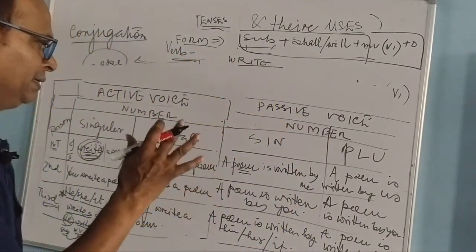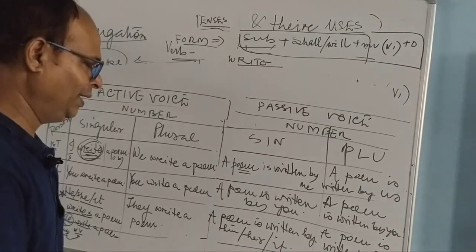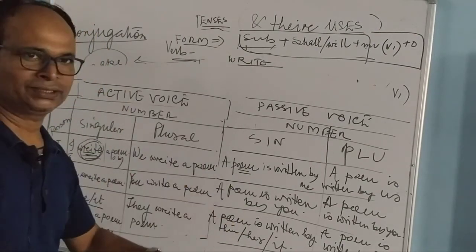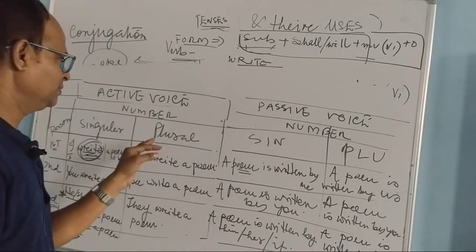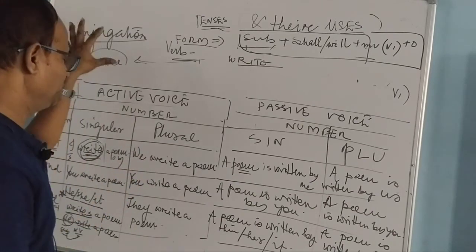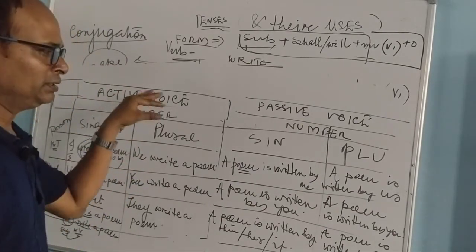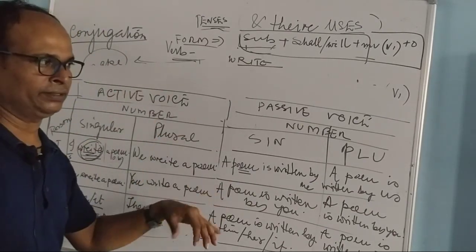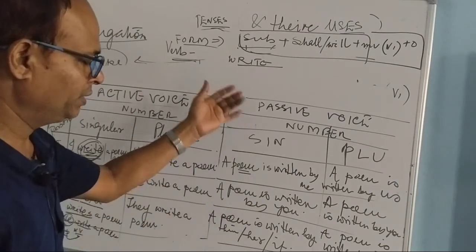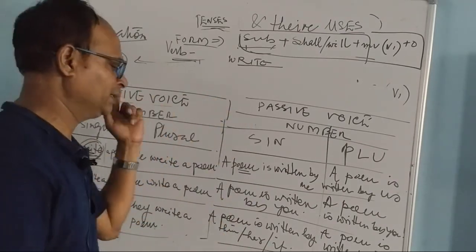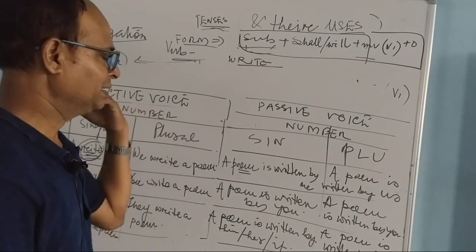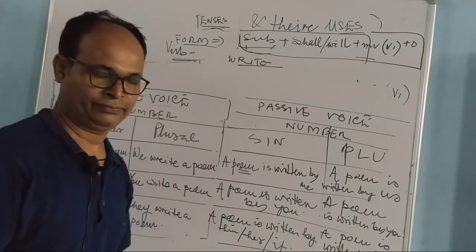My dear children, I suppose you have understood it well. It is so interesting that after knowing the tenses, after knowing this conjugation formula, after knowing this table, you can very easily, with a beautiful understanding, change from the active to passive.